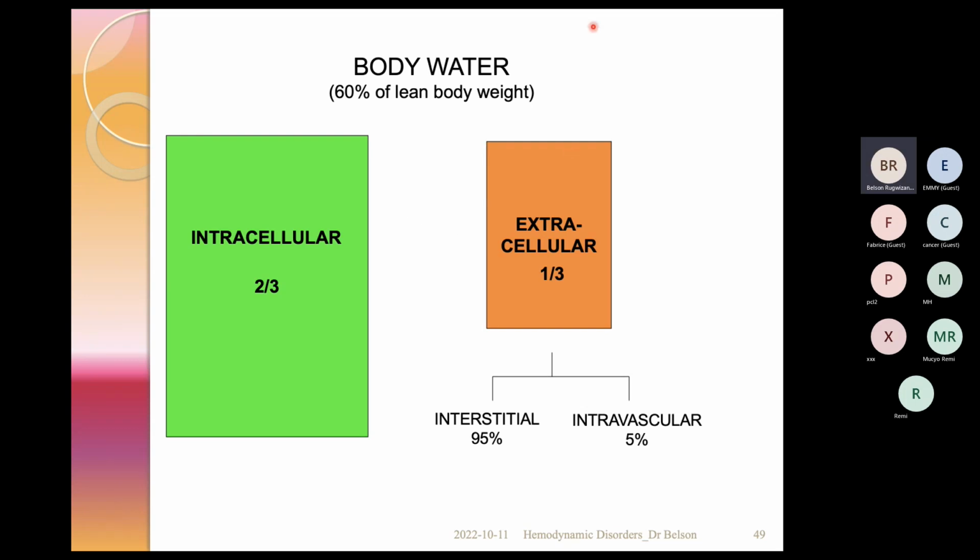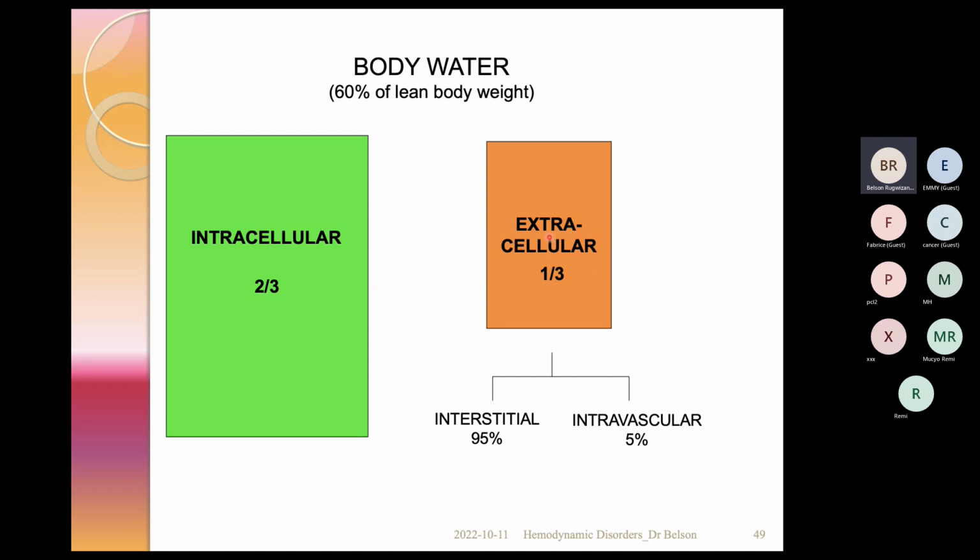So you know that 60% of our body weight is composed of just water, and most of this water is intracellular, meaning it is inside the cell, while the extracellular fluid is just 1/3 of all the water.